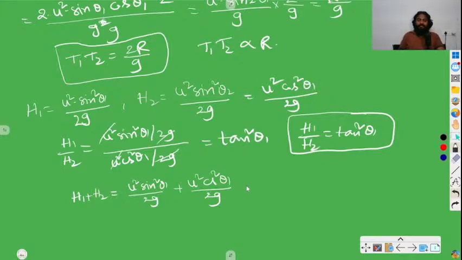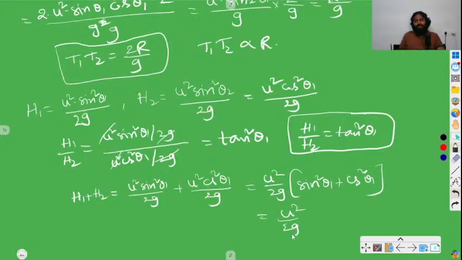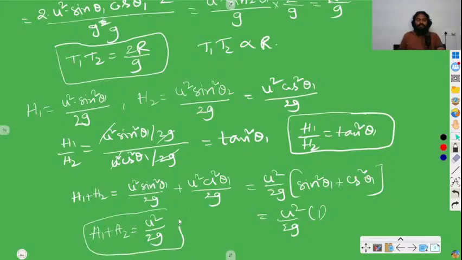From this, if you take u square by 2g common, then sine square theta 1 plus cos square theta 1 is 1, so you will get u square by 2g into 1. Meaning h1 plus h2 is equal to u square by 2g. This is also a very famous and well used equation. And these are about complementary angles mainly. These are the relations which they can ask, and a few more also are there.